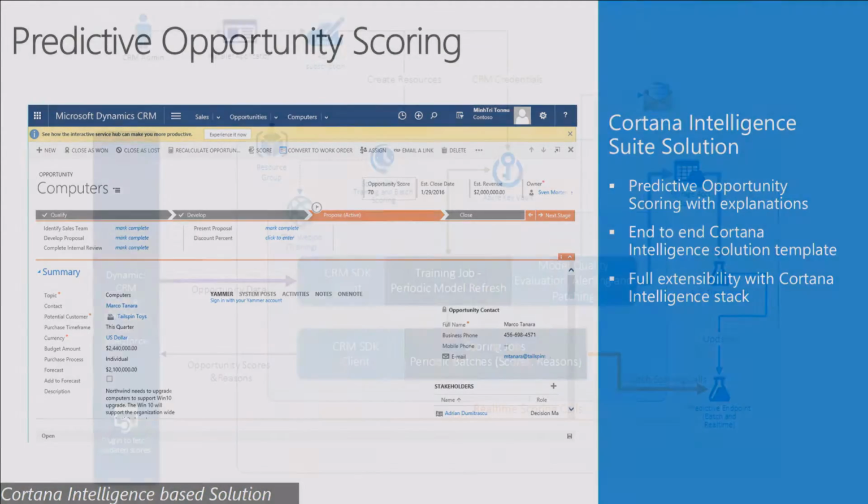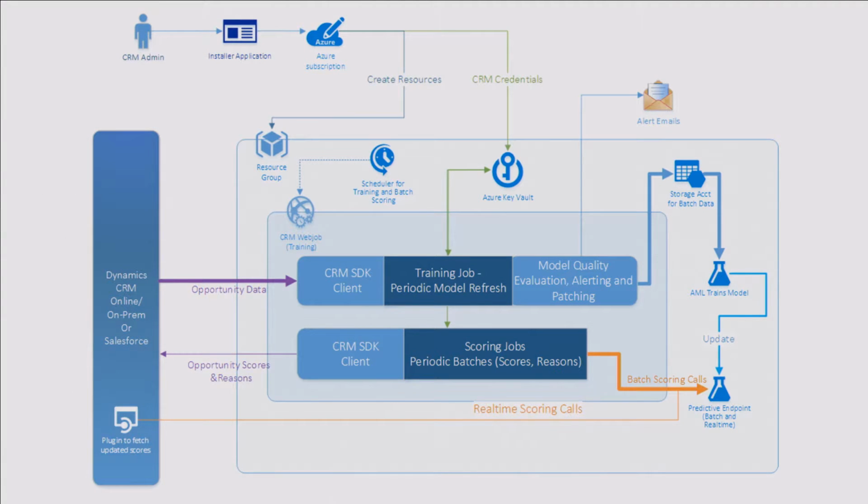one of the sites. And this is the architecture that I was talking about that is done behind the scenes to enable the opportunity scoring. So we have a CRM admin on the top left, installs the opportunity scoring application, connects to the Azure subscription, where all the resources needed to enable this compute and analysis are provisioned.